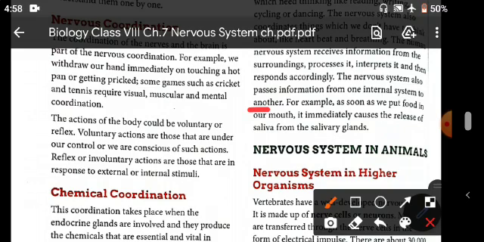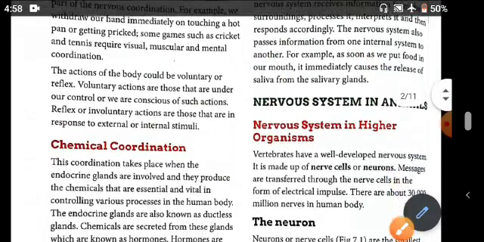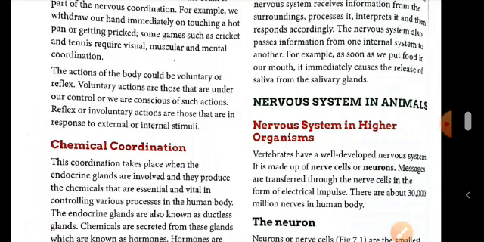For example, suppose you put food in your mouth, it immediately causes the release of saliva from the salivary gland. How does this function occur? Due to the nervous system.